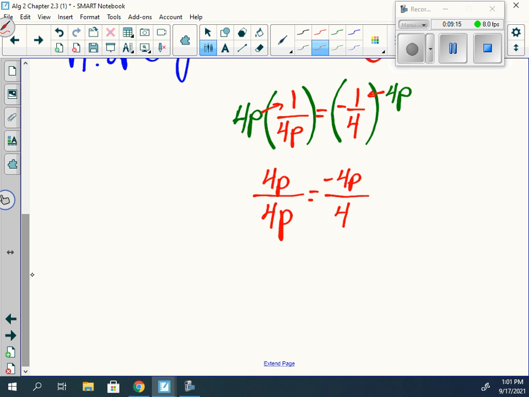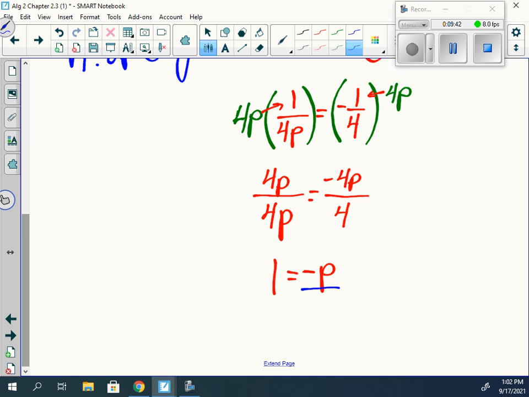What is 4p divided by 4p? 1. Negative 4p divided by 4? Negative p. Any questions on this so far? Oh, we need to solve for p because we're not quite done.